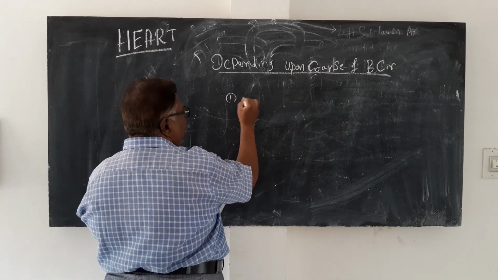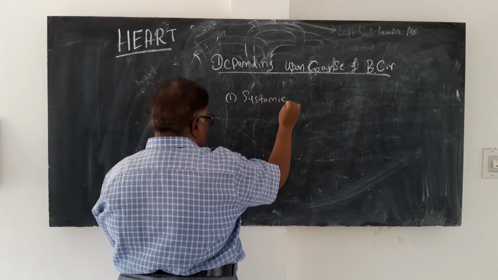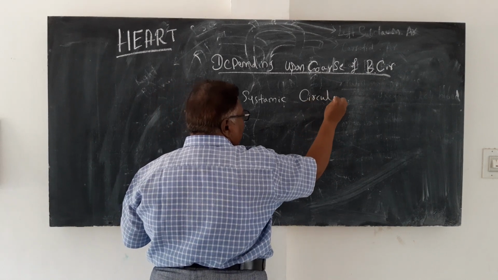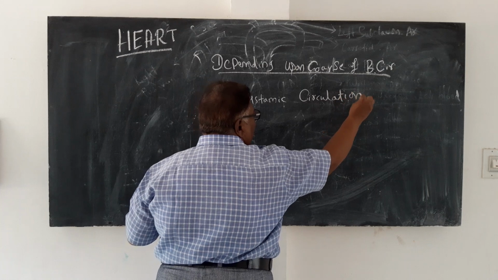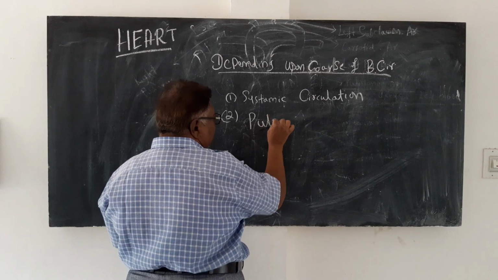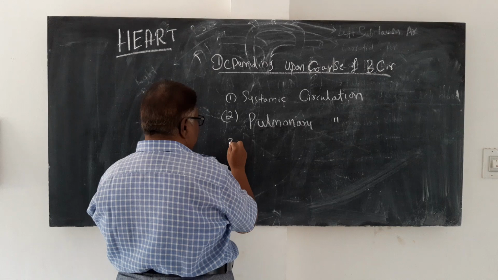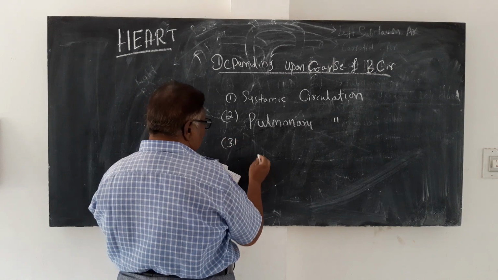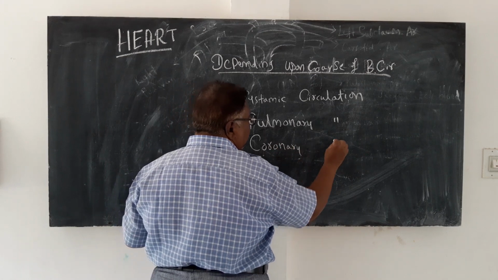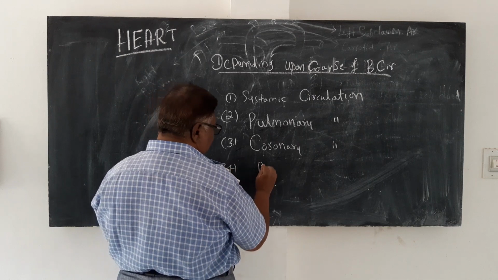The first one is systemic circulation. The second one is pulmonary circulation. The third one is coronary circulation. The fourth one is portal circulation.